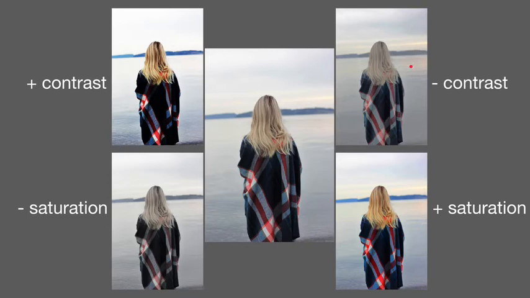And then we have no contrast or low contrast. And this is where the shadow areas become very opened up with a lot more detail. You can see a lot more of the texture of the blanket or the shawl. The white areas tend to get a little bit flatter and grayer in some ways.